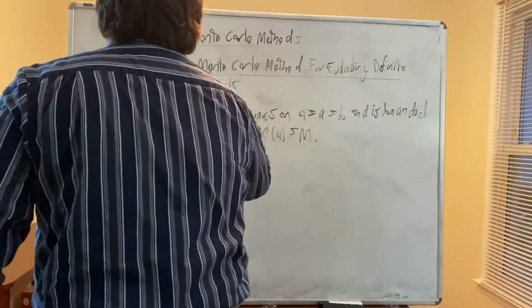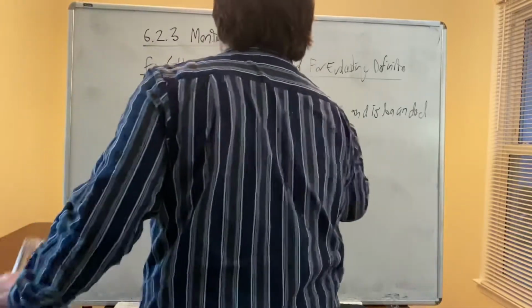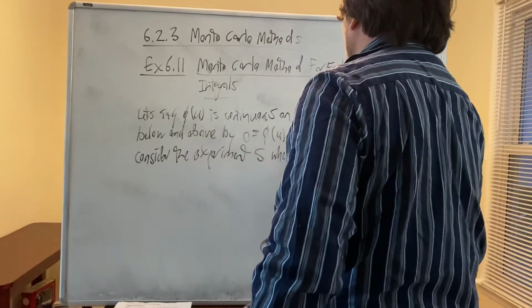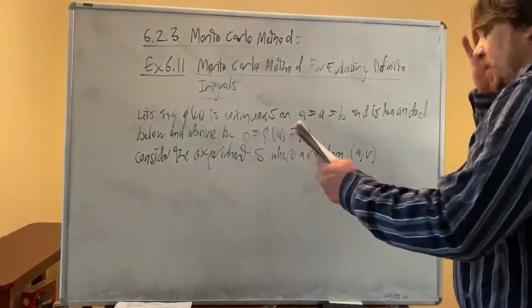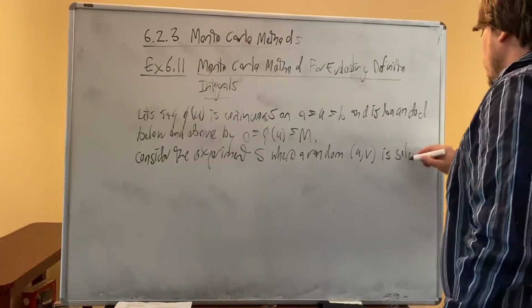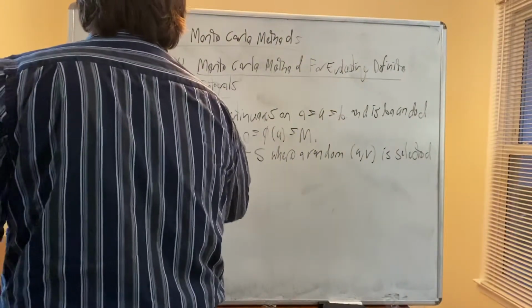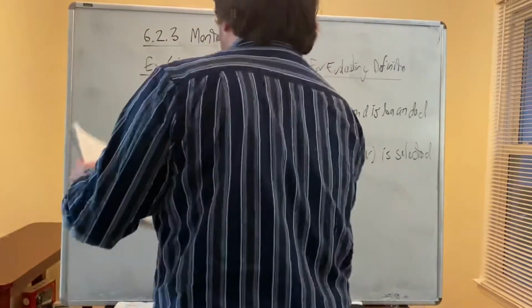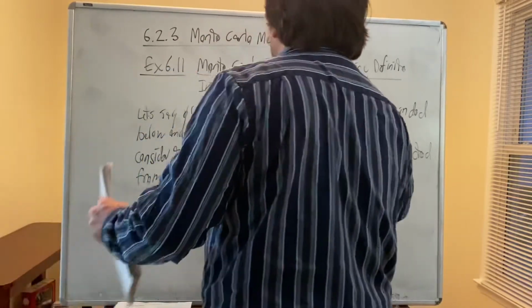Consider the experiment S, where a random (u, v) is selected from a less than or equal to u less than or equal to b, 0 less than or equal to v less than or equal to capital M.